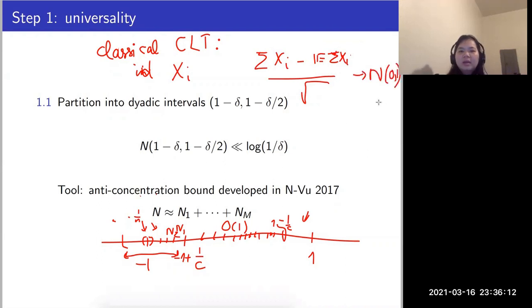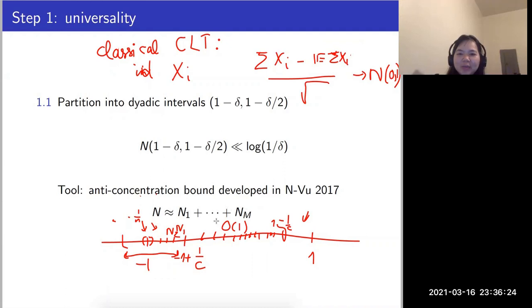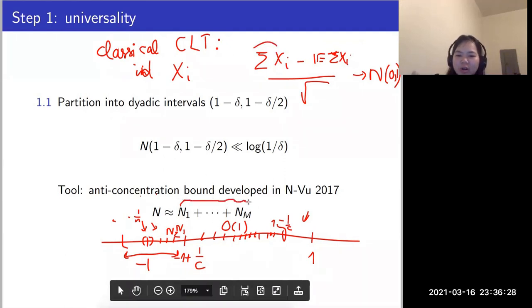This is the classical central limit theorem. So at least this first step is promising in that we have written n, the number of real roots, as a sum of random variables. Then the next step would be to show that these are almost independent.